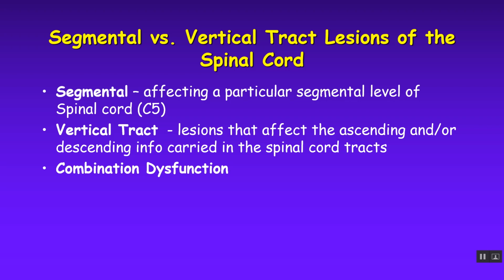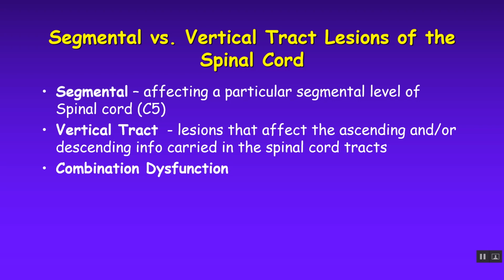So you typically have some combination dysfunction. But when the segmental loss of function is so insignificant compared to the vertical loss of everything below the level of lesion, we don't really talk about that. So if somebody had C5 or C6 damage, normally you would expect with a vertical tract, upper motor neuron problem, they'd have hyperactive reflexes below the level of the lesion, like at the knee and the ankle, but their bicep might be hypoactive because you actually damaged anterior horn cells at C5 and C6.